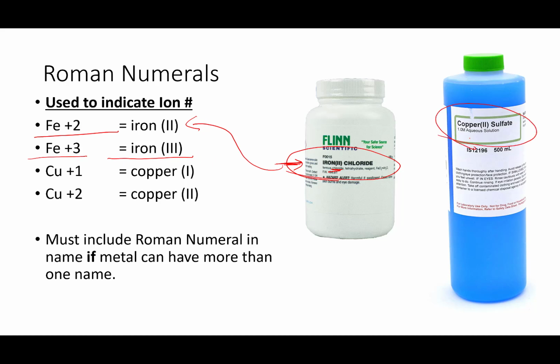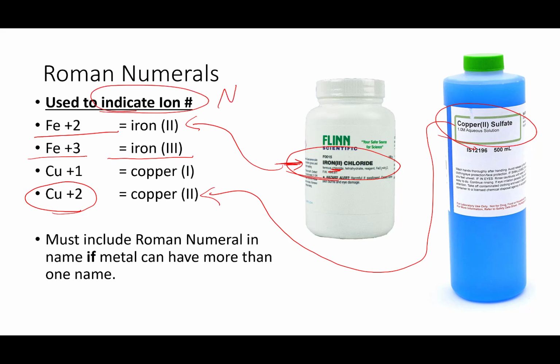This copper 2 sulfate compound was made using copper bonded with a +2 ion, and the other form is copper +1. So this is a very convenient way of doing it. You don't have to guess. The Roman numeral just tells you the ion number of the metal that's involved.